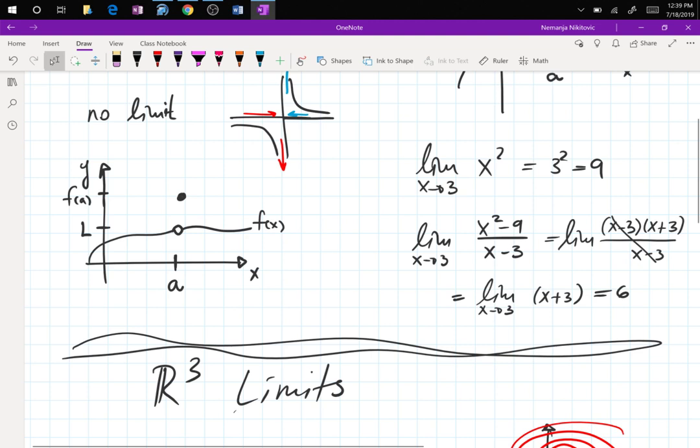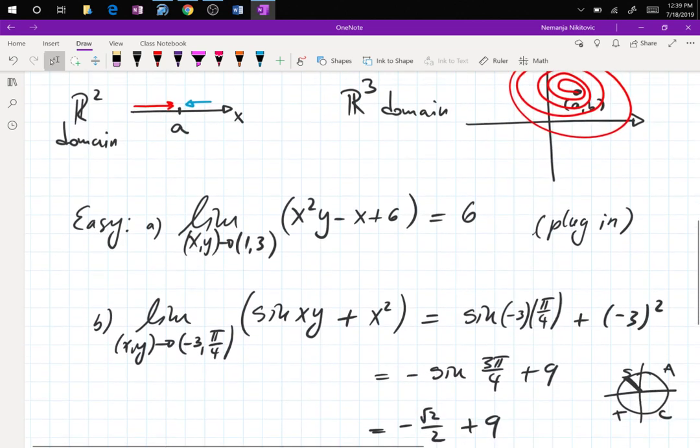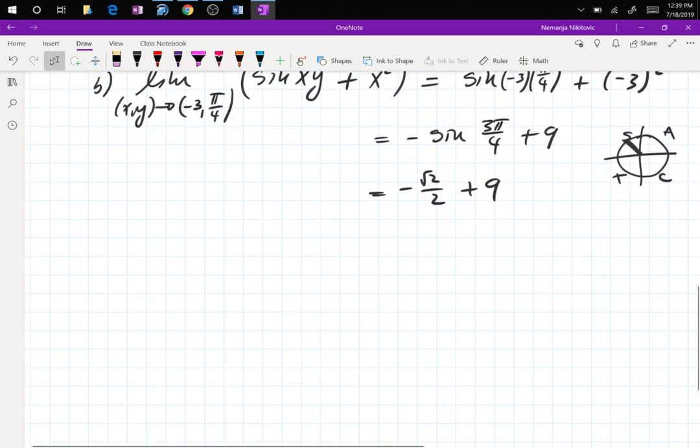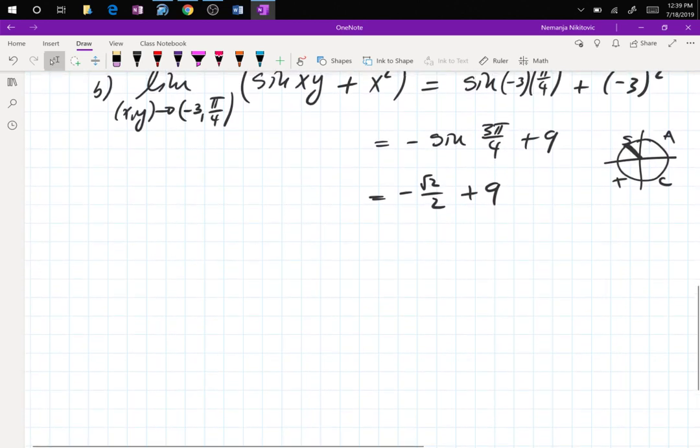Yes, right? 3 minus 3 is 0. 0 in the denominator, what's the limit? 6, right? So be very careful to make those generalizations, because if we don't have it as a theorem, it means it doesn't hold all the time. Only the things that hold all the time in mathematics we have as a theorem.